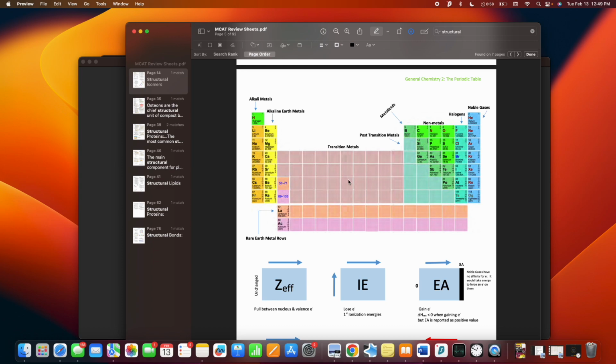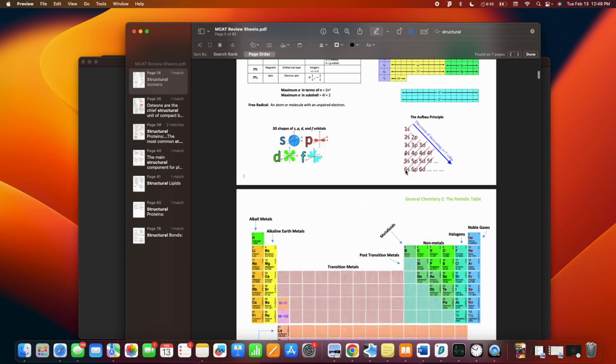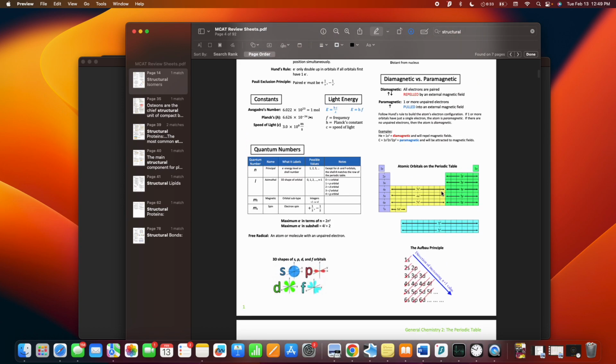For example, in the transition metals, having a half-full d orbital is more stabilized, so that's more preferable than putting the 4s subshell in priority.